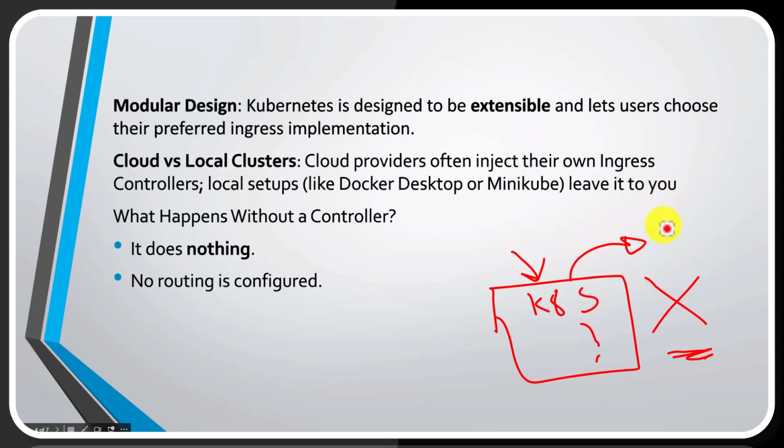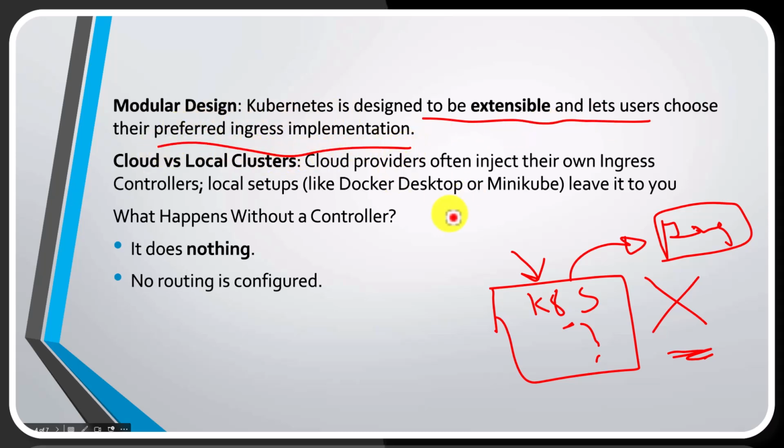That means you can install multiple ingresses into Kubernetes. It is designed to be extensible and lets users choose their preferred ingress implementation. Whatever ingresses are required, there are types of ingresses, and it's up to the users to choose what kind of ingresses are required.